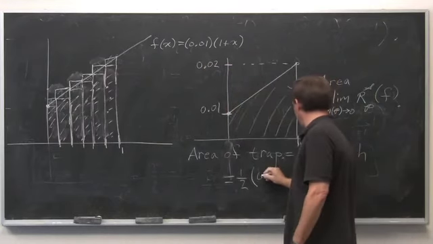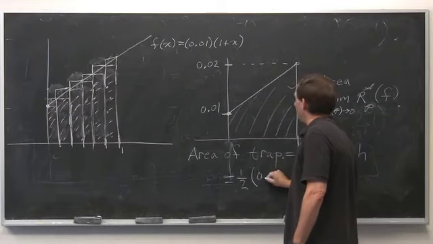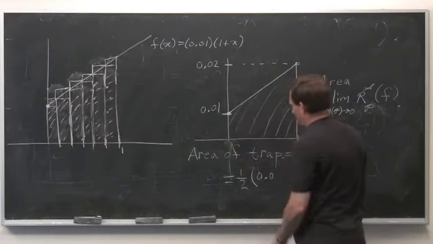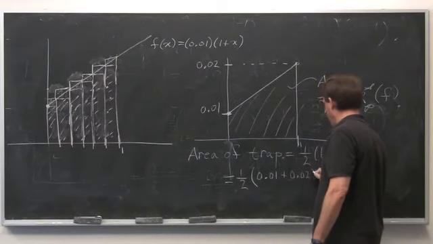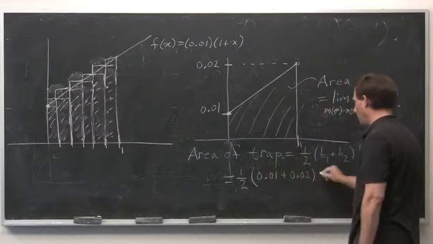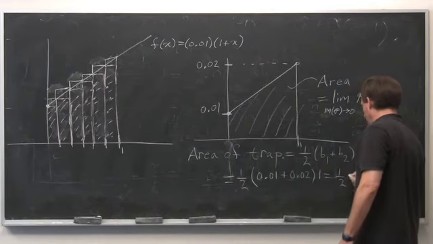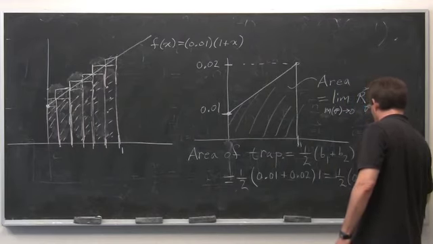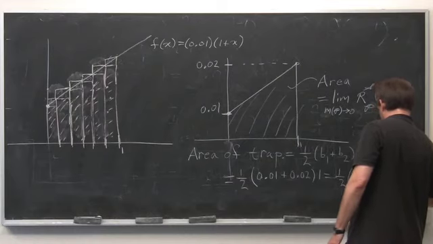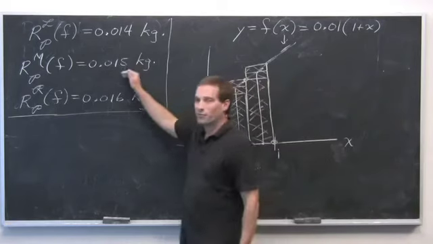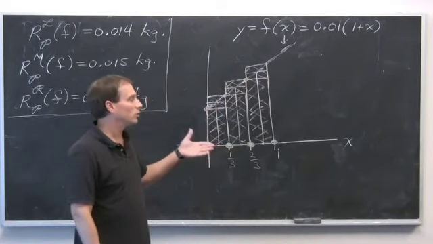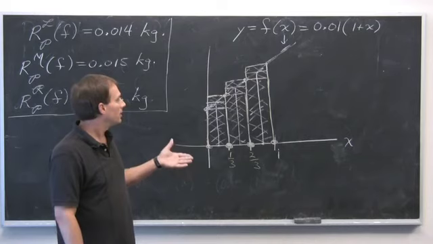So 1/2 the sum of the bases, so this side has length 0.01, this one 0.02, and then the height, which is 1, so we get 1/2 of 0.03, which is 0.015. Right, kilograms. That's what we got when we took the limit. We got 0.015 kilograms. So yes, we did get the area under the graph.